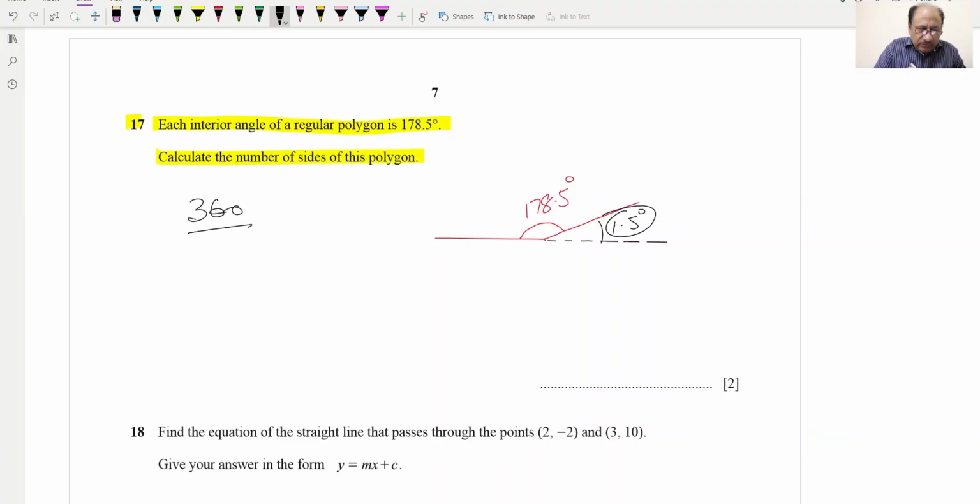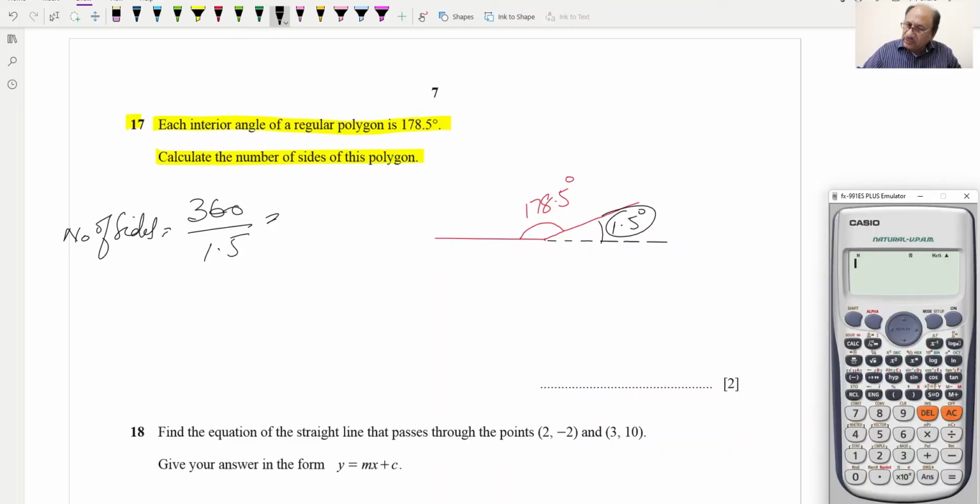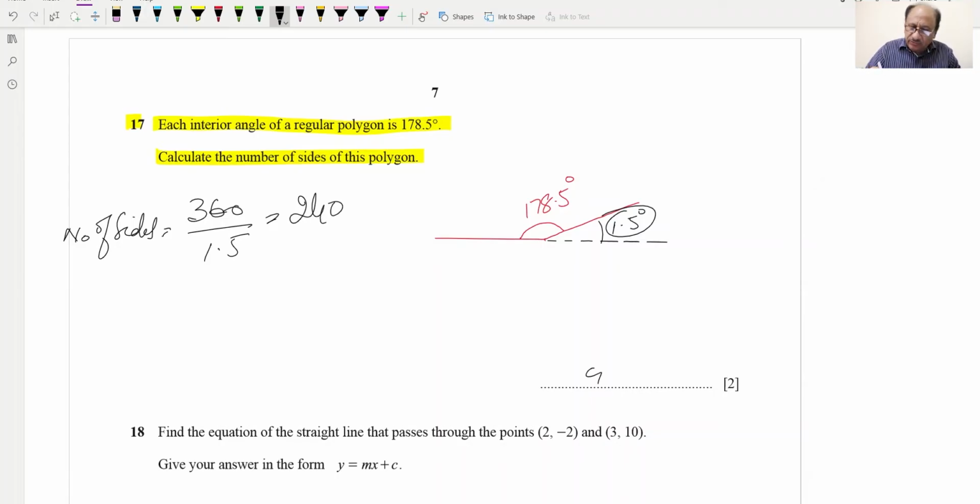So 360 divided by 1.5 will be equal to the number of sides. So 360 divided by 1.5 is equal to 240. So 240 sides will be our answer for 2 marks.